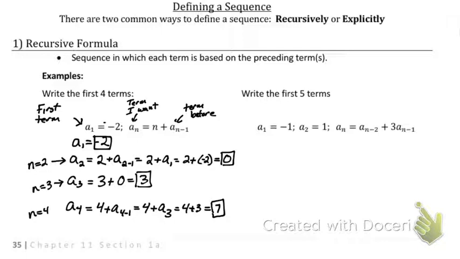I used the sentence. The sentence says replace this n with 3, so I got 3. And then it says plus a sub n minus 1. Well, this will always be the term right before it. A sub n minus 1 tells you the term before. So rather than putting all that stuff in, I know we're going to do the term before, so I'm just going to put that 0 in there, because I already know a sub 2. I already know that this is the term right before it.